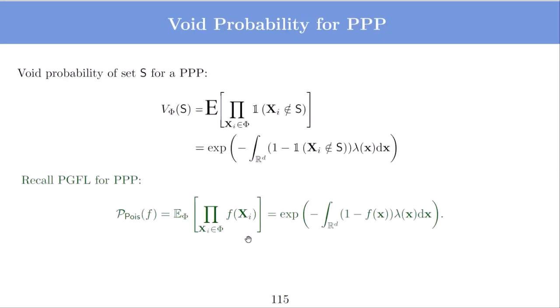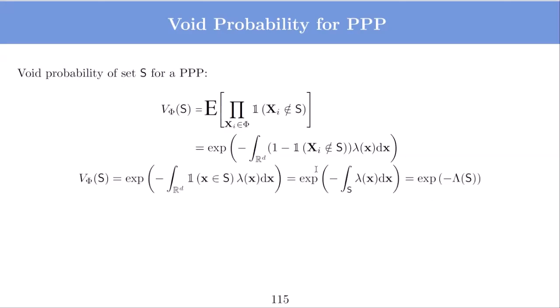So f is nothing but the indicator that xi does not belong to S. Now 1 minus the indicator that xi does not belong to S is equal to the indicator that xi belongs to S. So 1 minus will just negate this indicator, and what we get is the indicator that x belongs to S, and then you have to integrate it over R^d on lambda(x) dx.